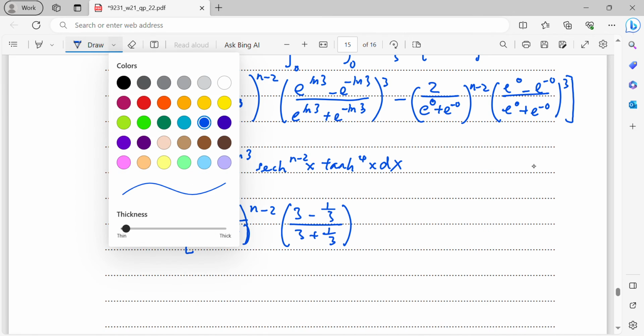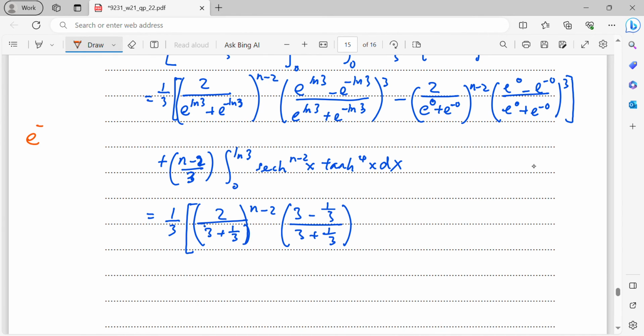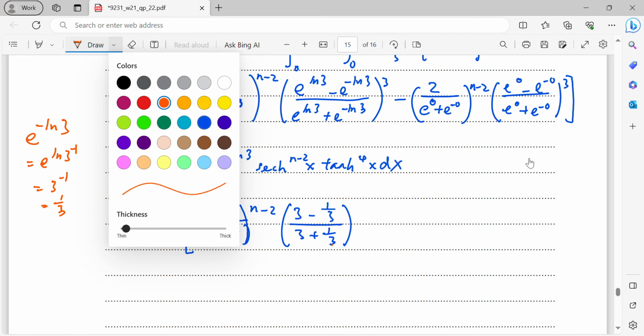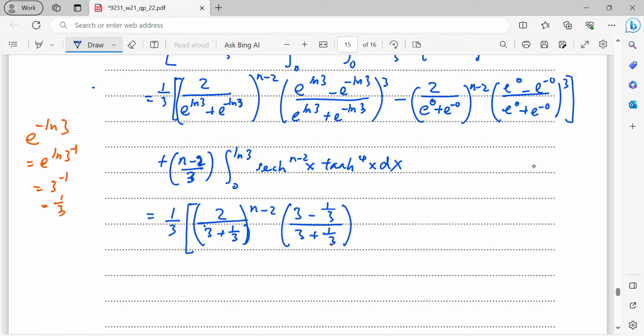But then when you simplify, e to the negative ln 3 is basically e to the ln 3 power negative 1, which is 3 power negative 1. And I get 1 over 3. Okay, this is how I get 1 over 3 here. Then this is power 3 minus 2 over 2 power n minus 2, and this is 0.